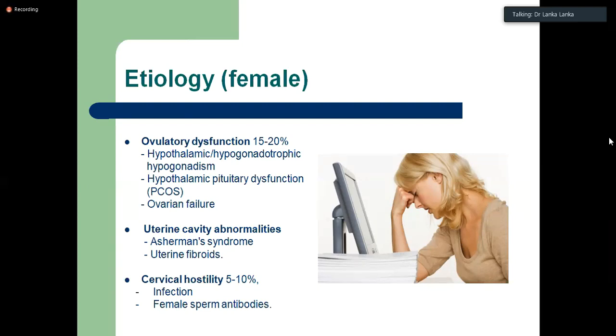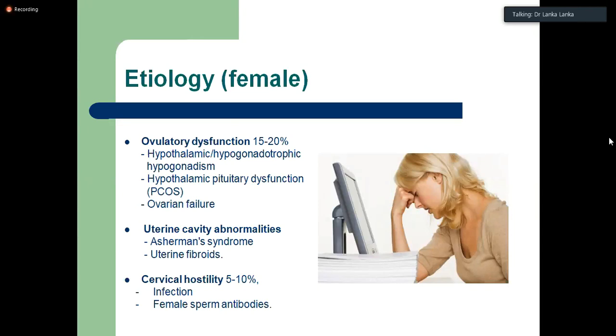But sometimes ovarian failure can happen due to iatrogenic factors such as chemotherapy, radiotherapy, and drug-related failure. Uterine cavity abnormalities: you know that the uterine cavity can become abnormal due to congenital, iatrogenic or acquired causes.